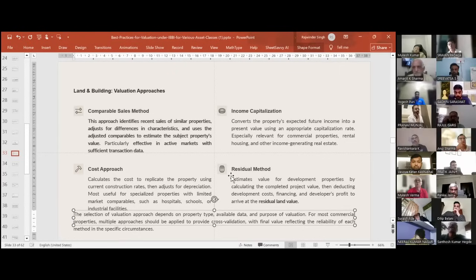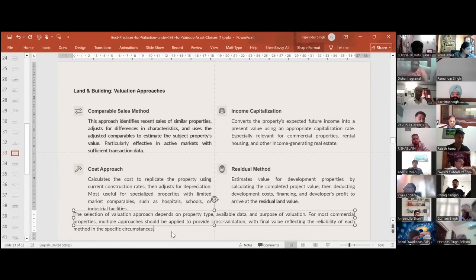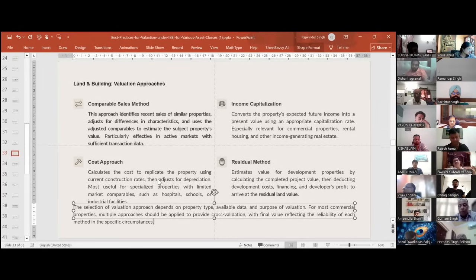So you must be conversant with this method in the present scenario. The selection of valuation approach depends upon property type, available data, and the purpose of valuation. For most commercial property, multiple approaches should be applied to provide cross validation, with the final value reflecting the reliability of each method in the specific circumstances.